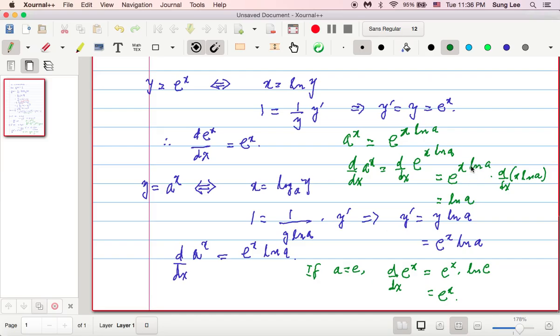And then e to the x ln a is nothing other than a to the x. That's exactly the same as what we just showed here.